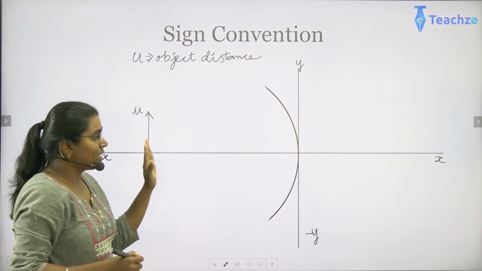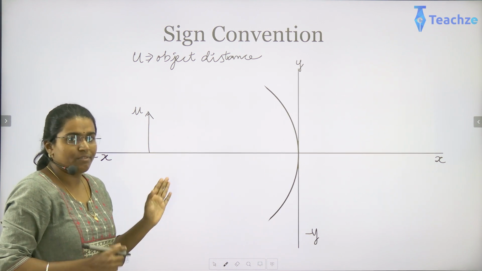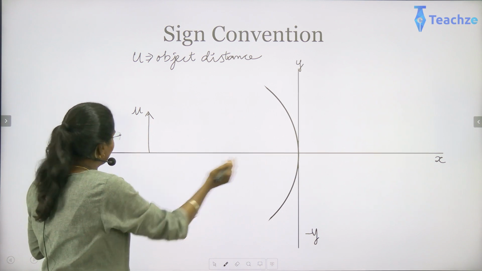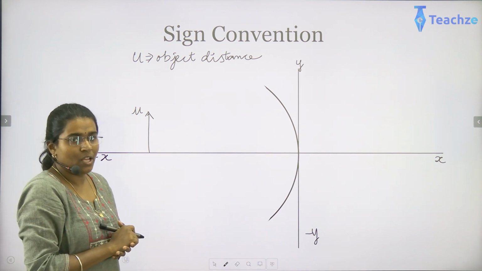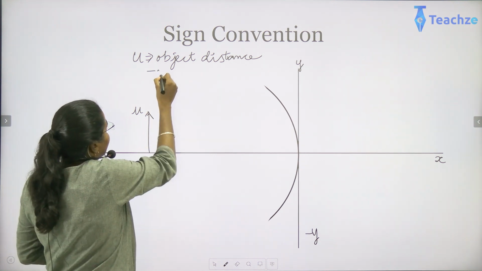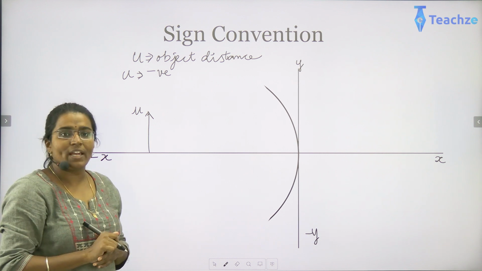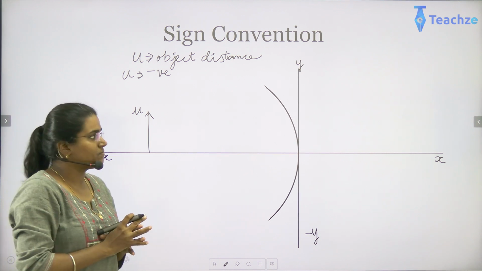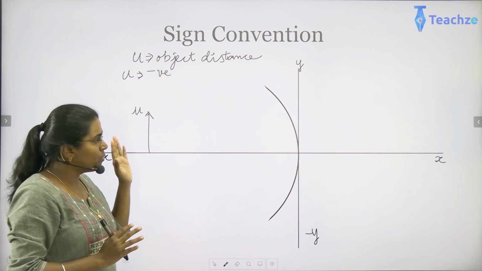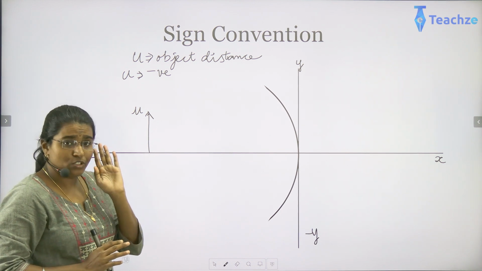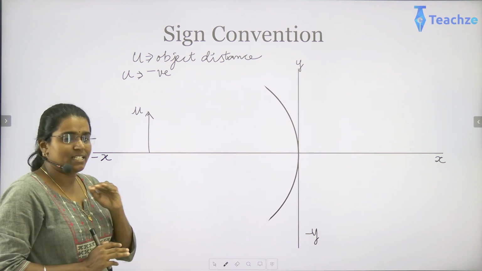Good. So whenever I keep the object in front of the mirror, the distance will be measured on the x-axis, so my sign will be always negative. So u, the object distance, will always be negative, no matter where you keep the object, because you will always keep the object in front of the mirror.